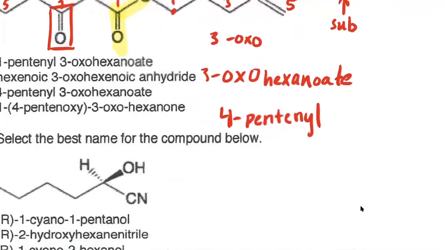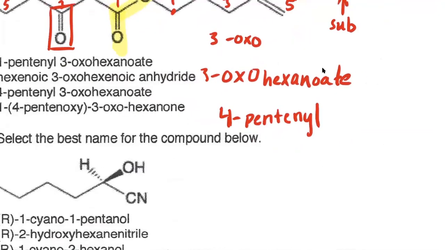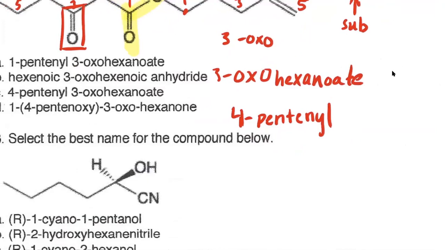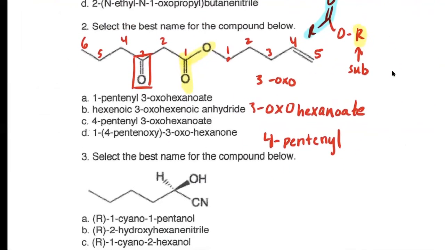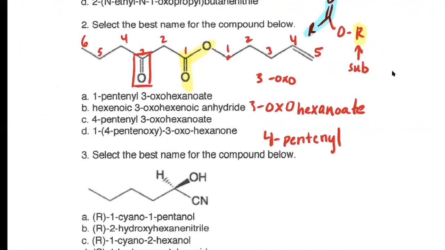Okay. So we have 4-pentenyl. And that is our substituent. That is our R group. So we're going to want to put in the entire name, we're going to write it 4-pentenyl, and then we'll put a space.